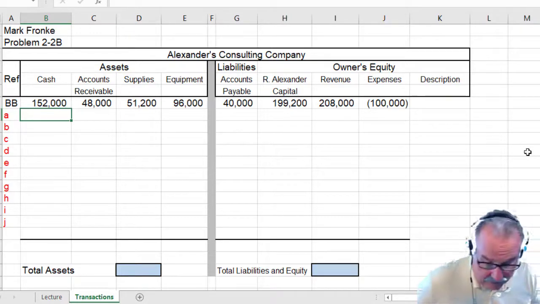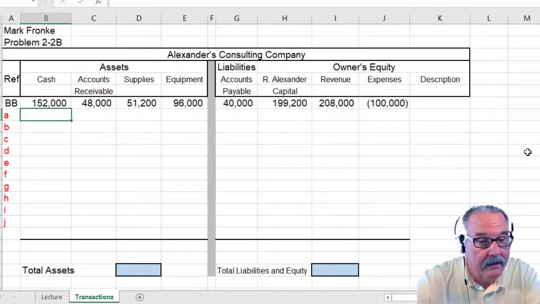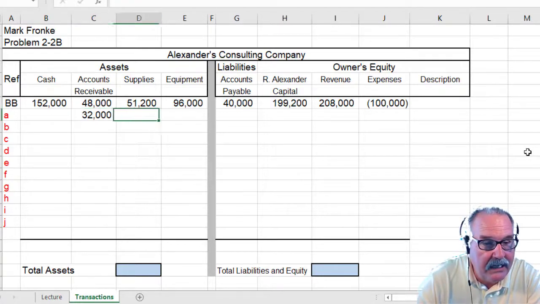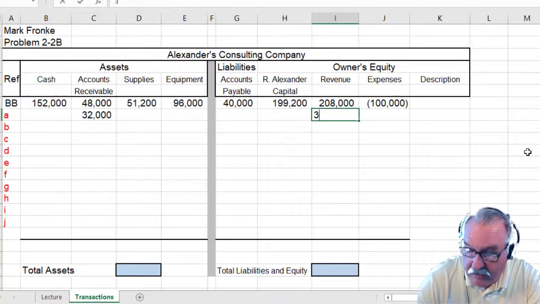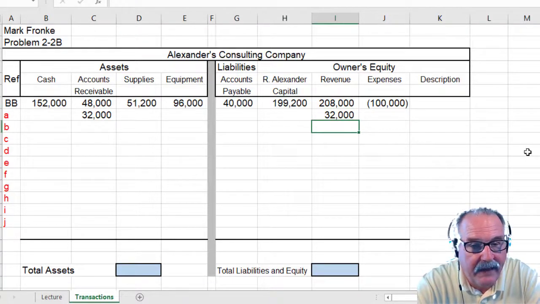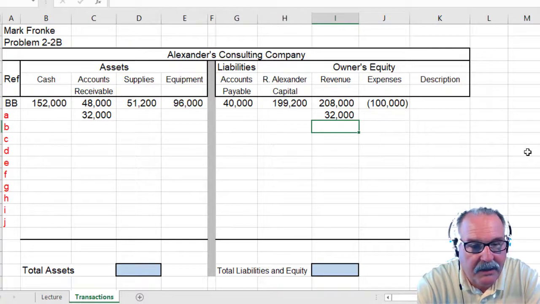It says that they performed services for $32,000 on credit. So anytime we do services on credit, it means we didn't get paid, which means our customers owe us. And when they owe us, it goes into accounts receivable because we're going to receive it at some point in the future.